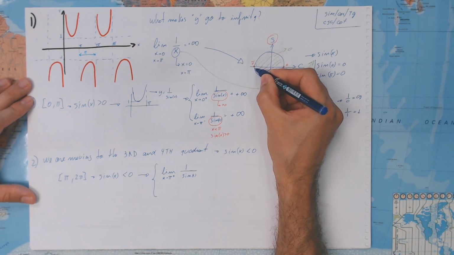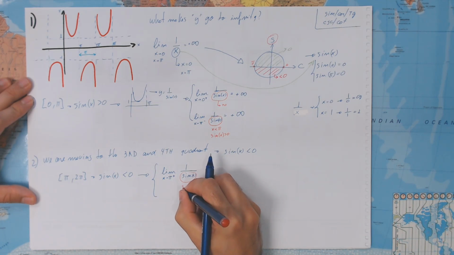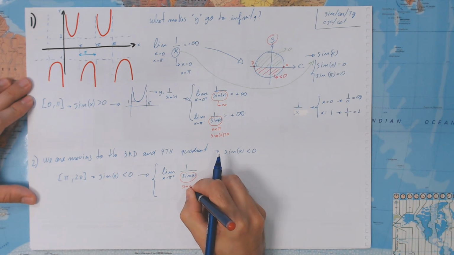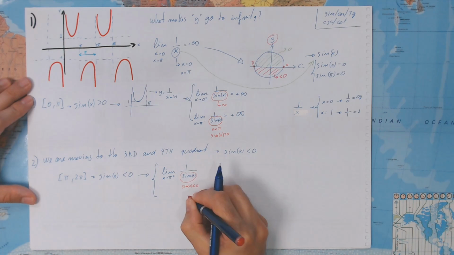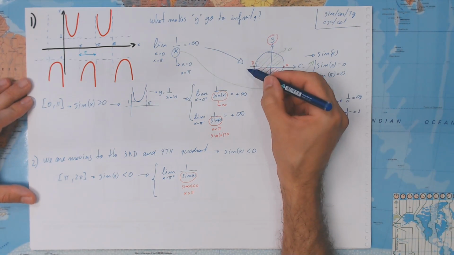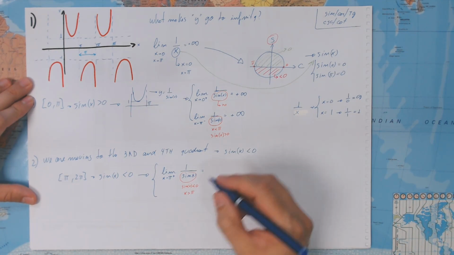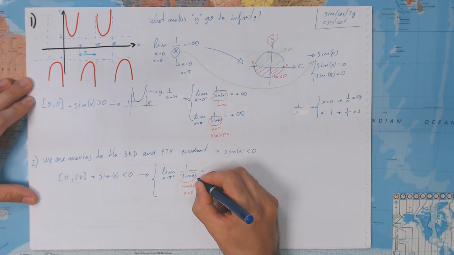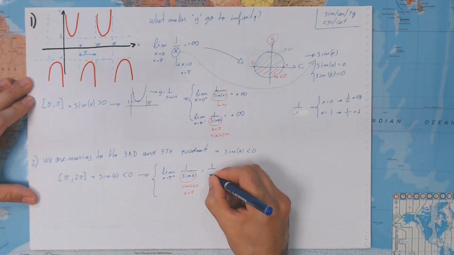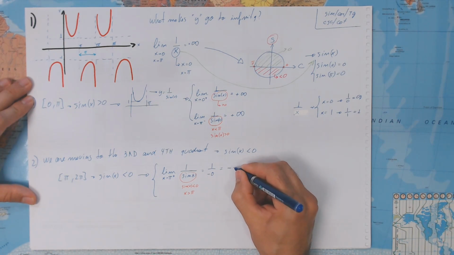Well, it's almost 0, but still negative. So the sine of x is going to be negative. X is going to be greater than pi, practically pi, but a little bit over pi. We passed pi, so the sine is already negative. It's just like 1 over minus 0, and this is minus infinity.